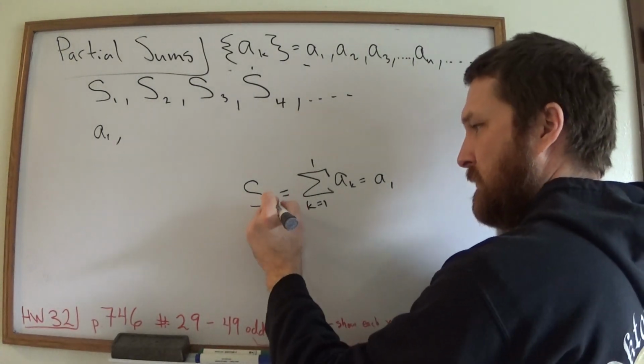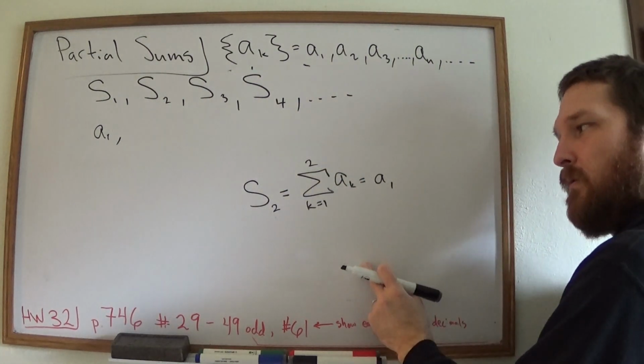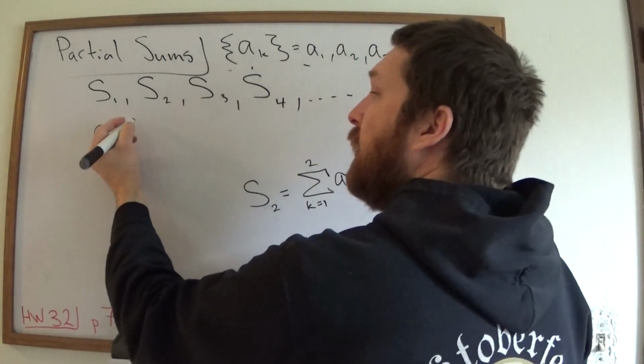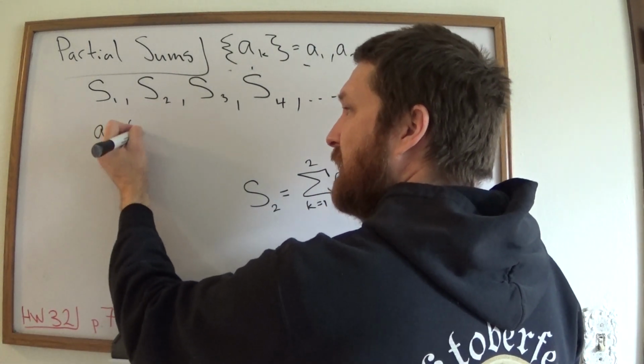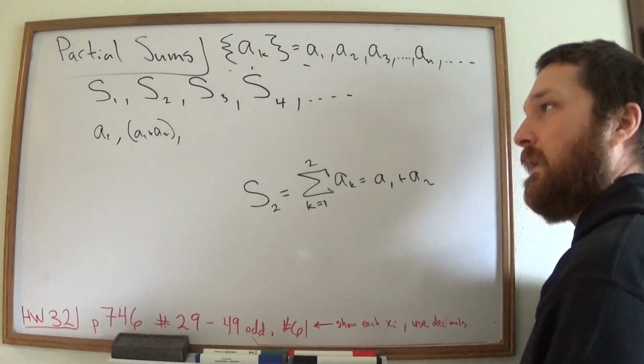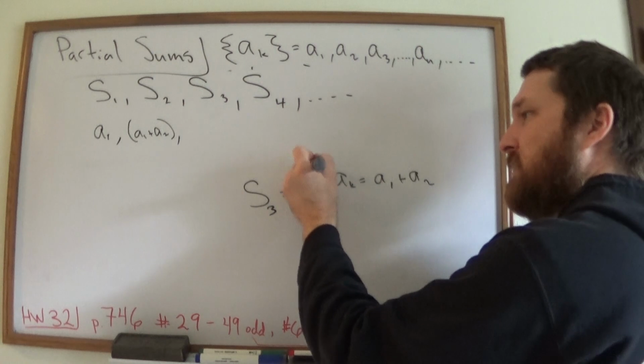Well, I change this to a 2, I change this to a 2, and now it says go from 1 up to 2. And so a1 plus a2. So this second one here is a1 plus a2. And guess what the third one is? Yeah, that's right, you just change that, and now you're adding a3.